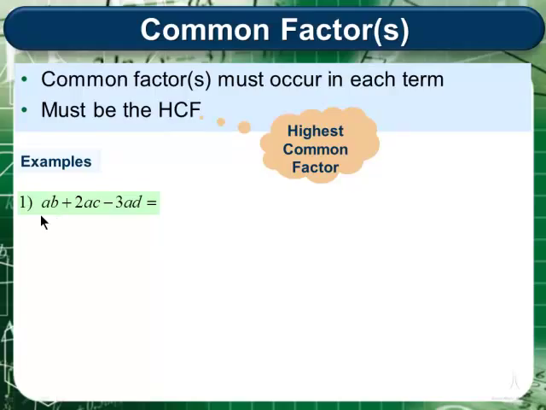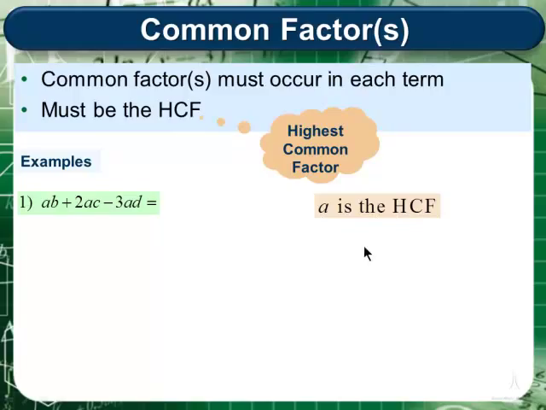First of all, let's say we're given this particular expression consisting of 3 terms. Clearly, if we consider each term individually, we see that the factor A appears in all 3 terms and also is in this case the highest common factor.